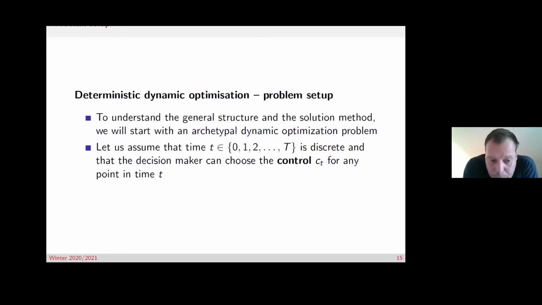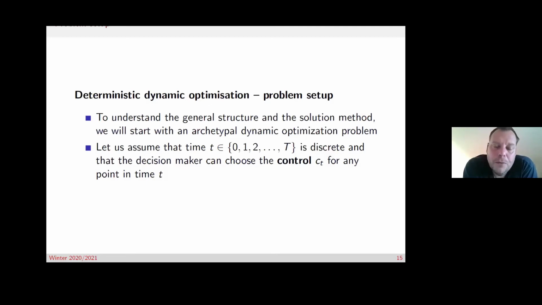In the first step, we want to focus on a simple, standard, archetypal dynamic optimization problem, which is deterministic, and which we will solve by just using regular tools that you are already familiar with, and which only expand a little bit into the time dimension.